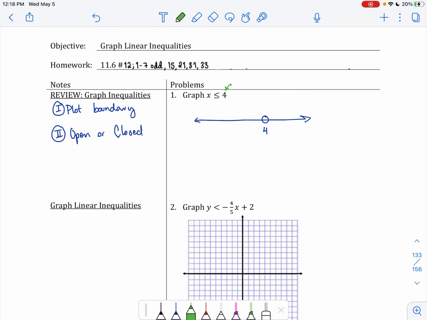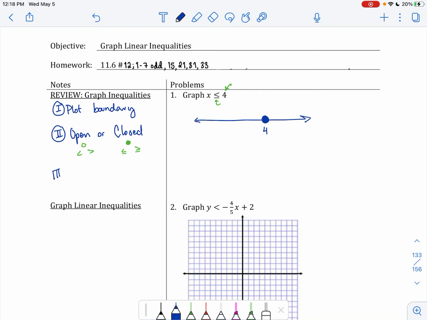Now remember, open means that it is an unfilled in circle, and that's when it's less than or greater than, and it's closed if it's a filled in circle, and that has the or equal to. So in this case, we have a closed boundary here, which means we're going to fill in that circle.